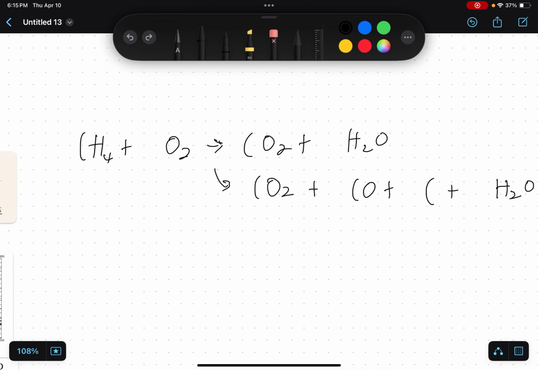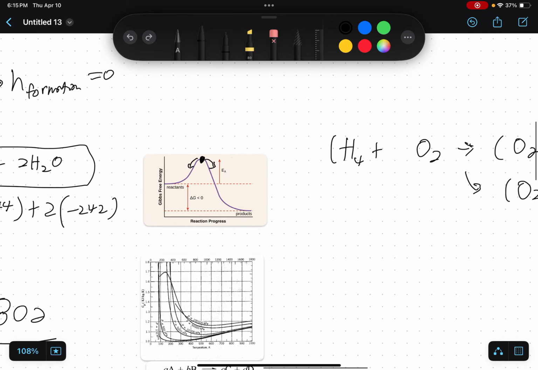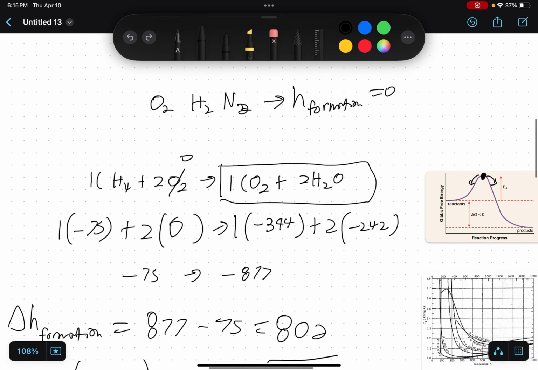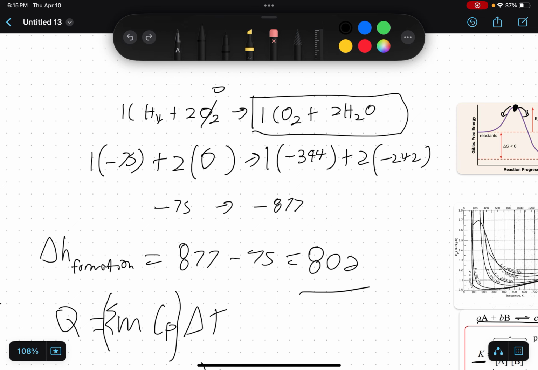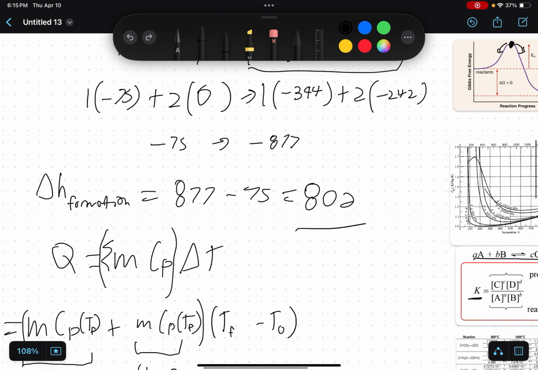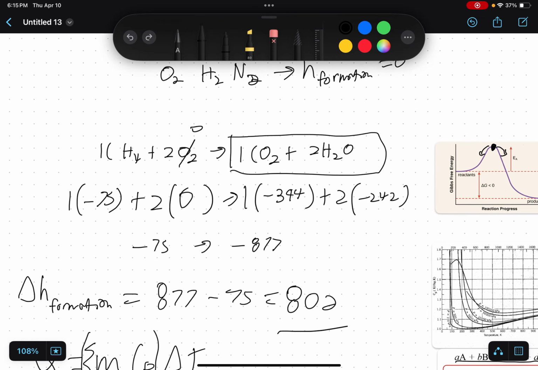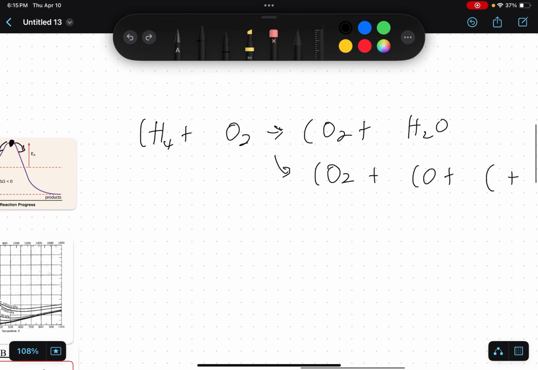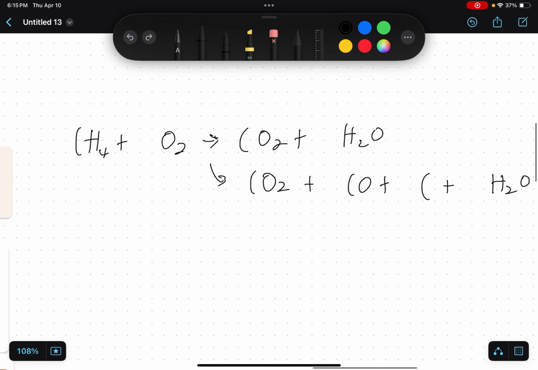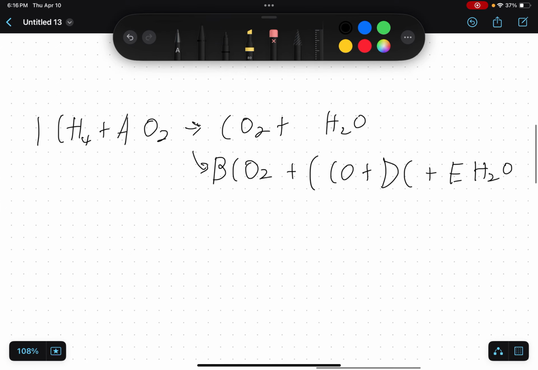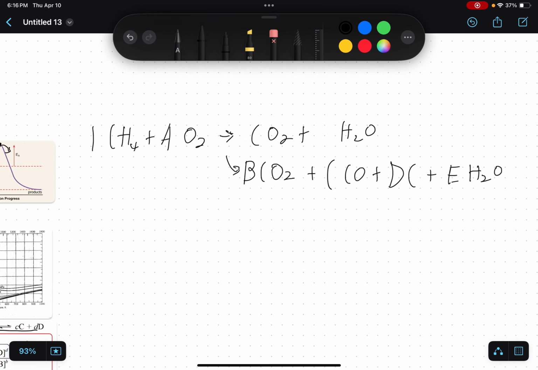So how do you balance this? Because that wasn't even the hard part over here. The hard part was finding all the entropies or enthalpies of formation and that sort of stuff. Yeah, so how do you even balance this? Well, let's try our best with what we have. So let's assume we have one CH4, and we'll assume A, B, C, D, E. This is actually how it's done.